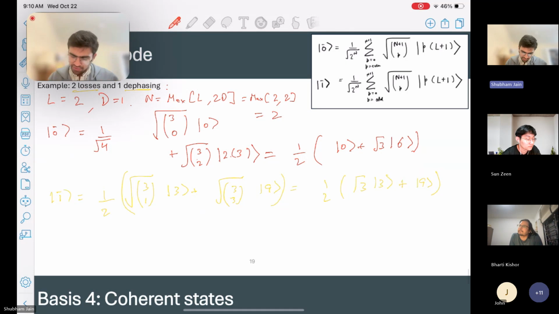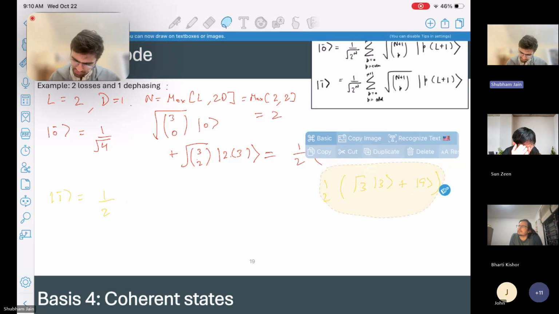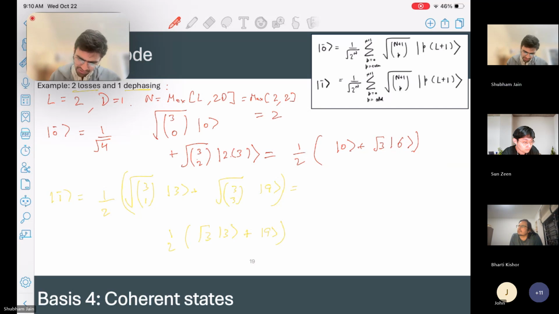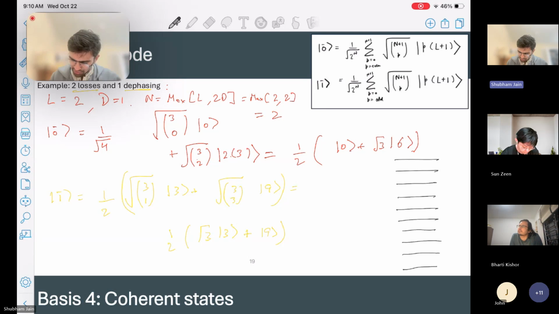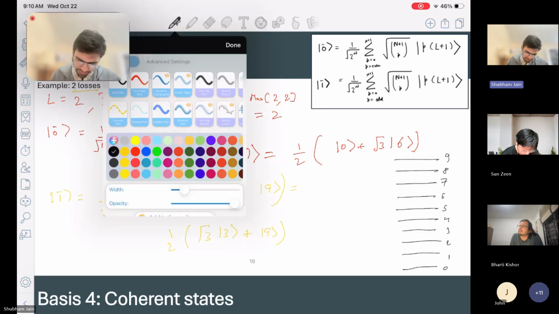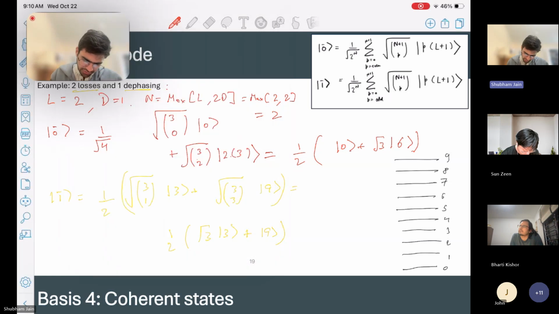Just to demonstrate it with the Hilbert space also, we need 10 levels, because we have 0 also: 0, 1, 2, 3, 4, 5, 6, 7, 8, 9. The 0 logical state is supported by the 0th state and the 6th state, and we see the spacing is 6, which is equal to 2 times L plus 1.